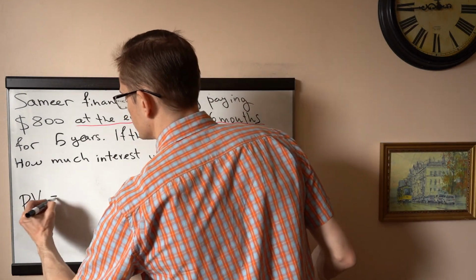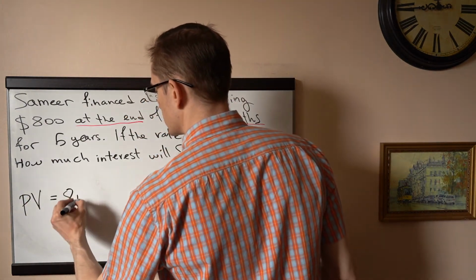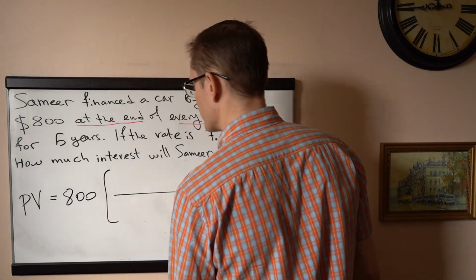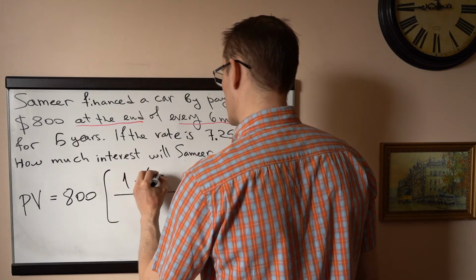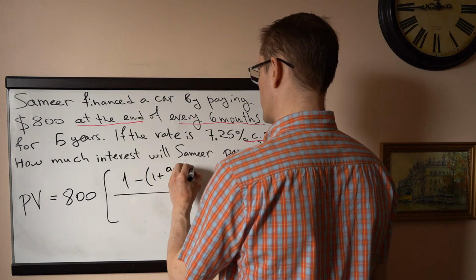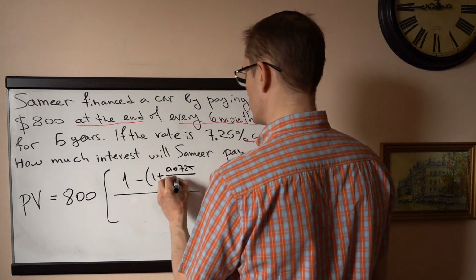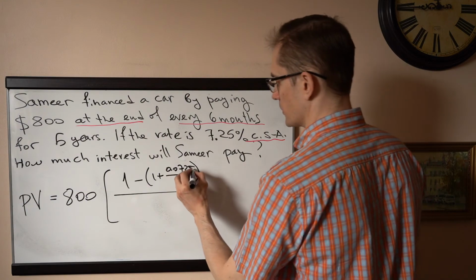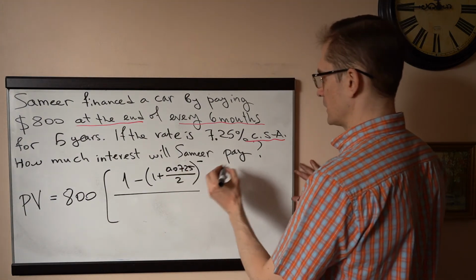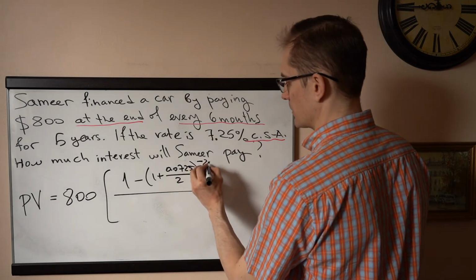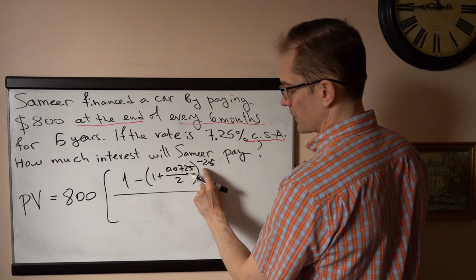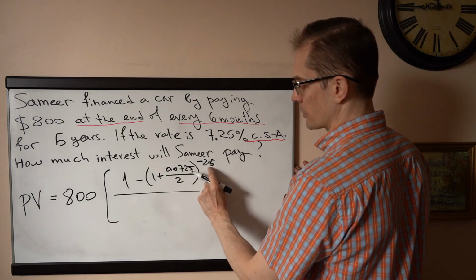So present value is going to be $800, which is your payment, times 1 minus 1 plus 0.0725 divided by 2, because the rate is compounded semi-annually, raised to the negative 2 times 5, because there are 2 semi-annual periods per year and there are 5 years.